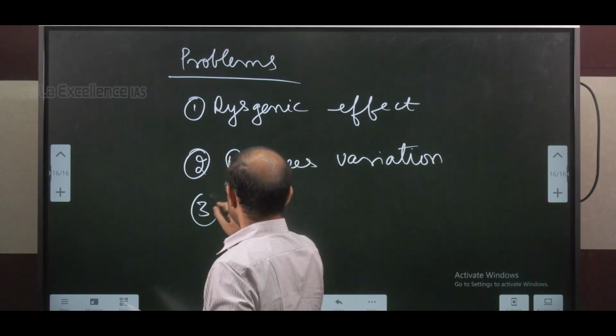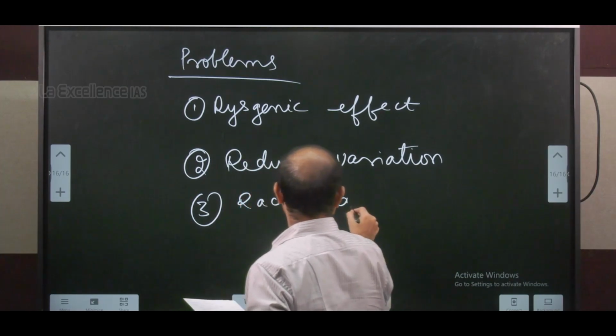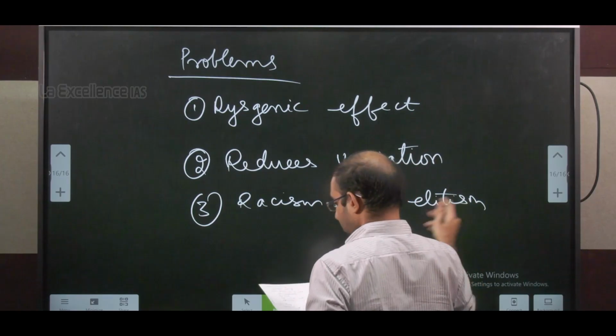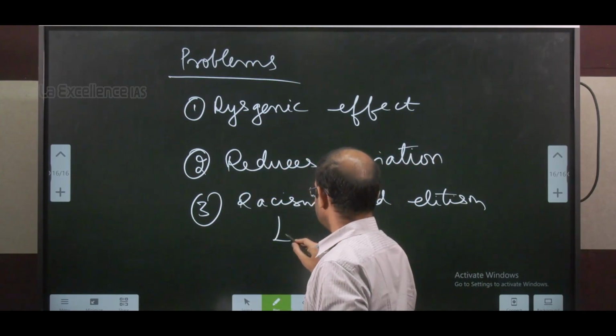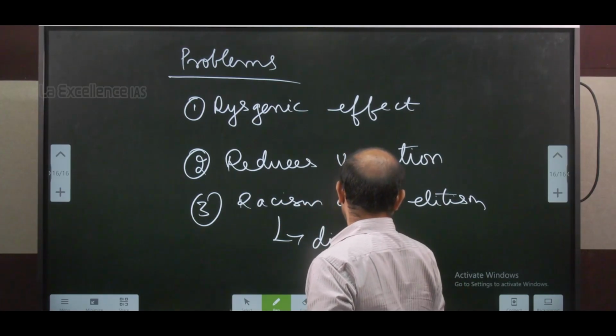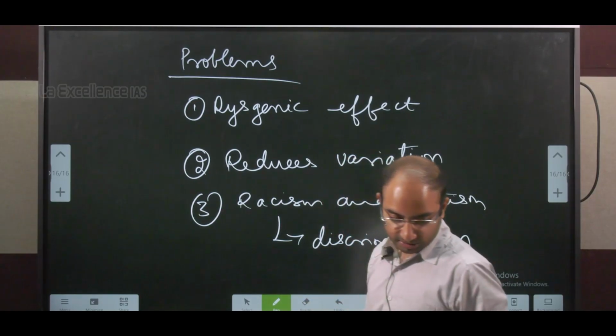And third is, of course, the feelings of racism and elitism. In the name of all this, we are trying to spread discrimination through eugenics. As examples of this, you can give the eugenic policies of Nazi Germany.